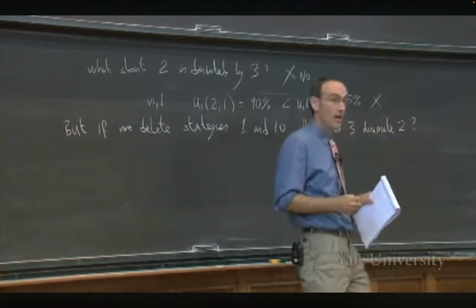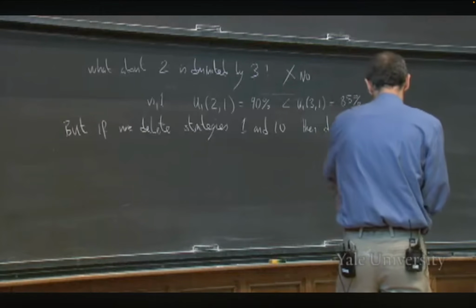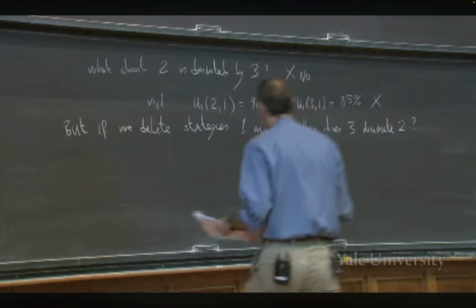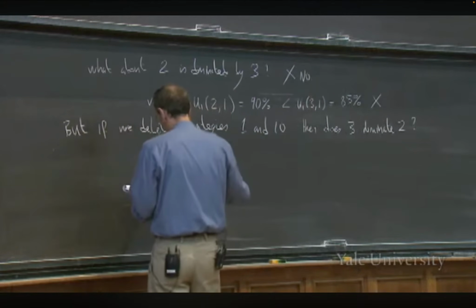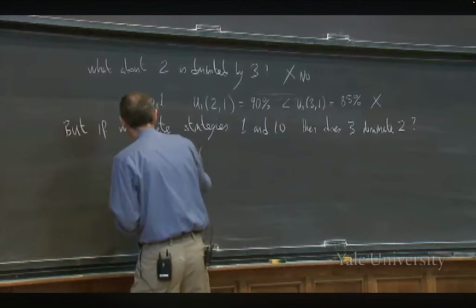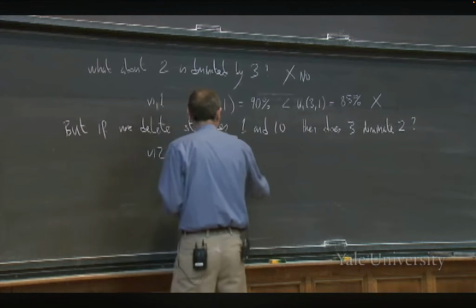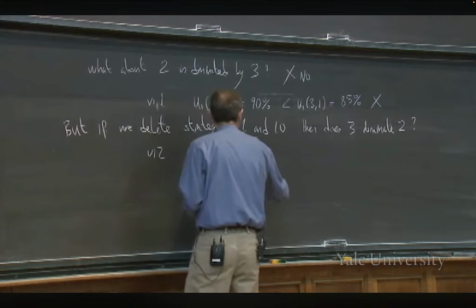And once again, we can try it out. So the payoff from choosing 2 against 2 is 50%.